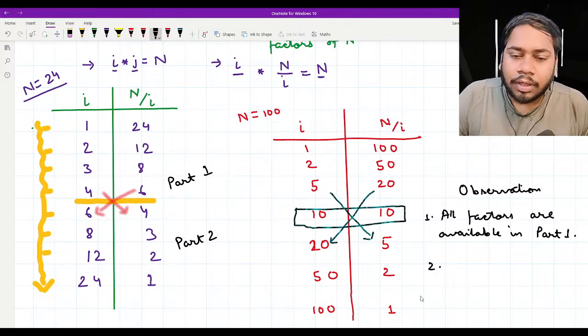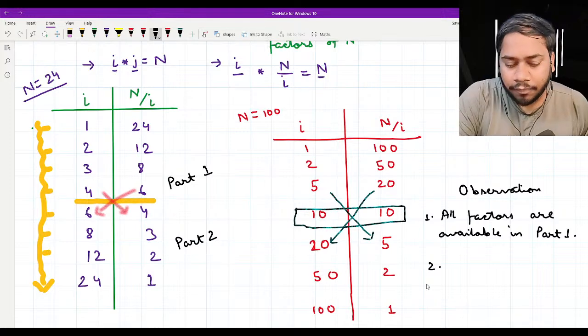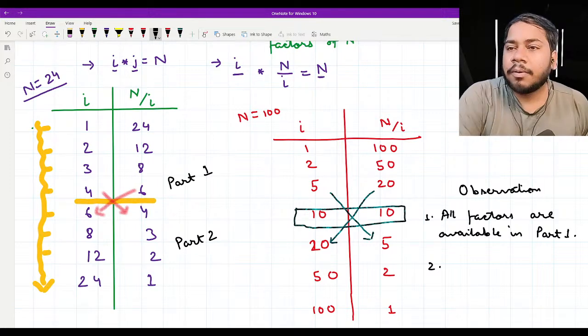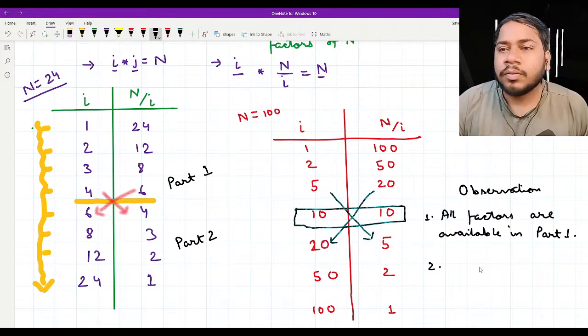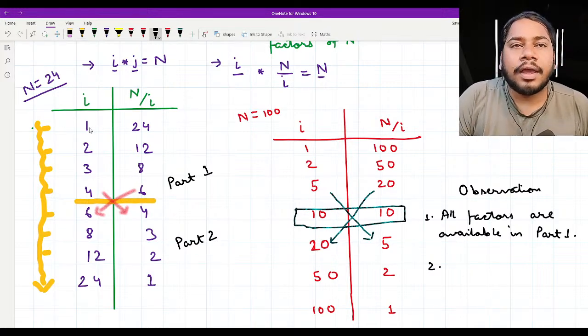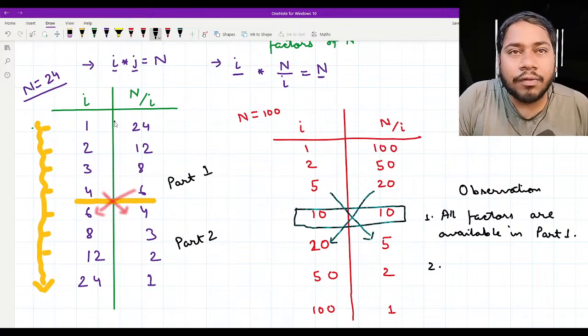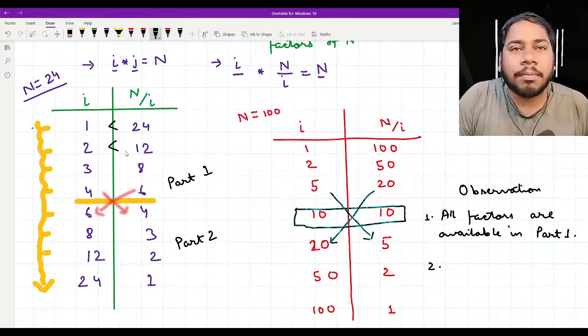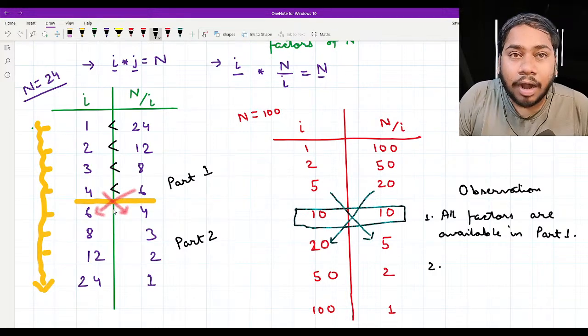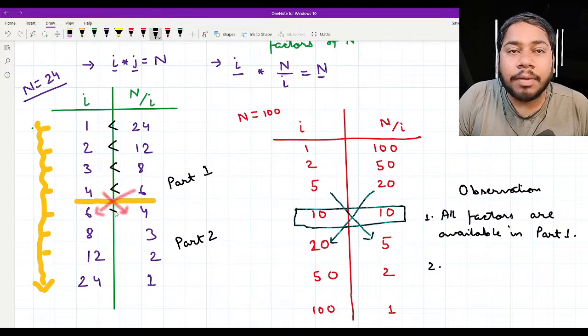So if that is the case, can we have one thing? See, here in the first part, I is always smaller than N by I. In the second part, I becomes greater.